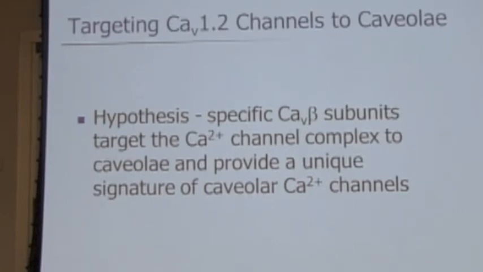And so we suggested that specific beta subunits may target the calcium channel complex to caveoli, thus providing the unique signature of the caveolar calcium channels. So the CAV 1.2 or the alpha 1 pore-forming subunit with a specific beta subunit. Could that help us define what channels are present in caveoli, not only define and identify those channels, but also control their physiology to some extent and their functional properties?